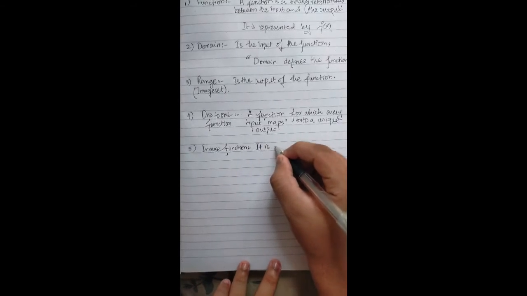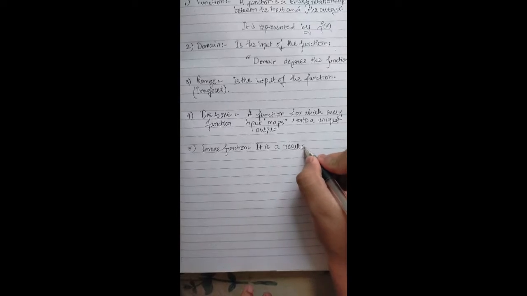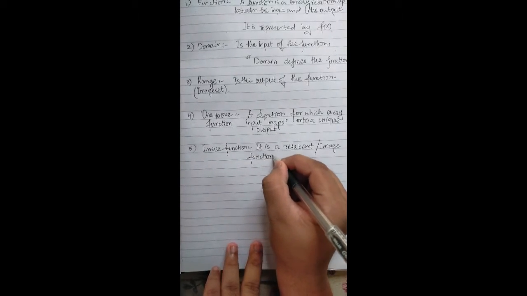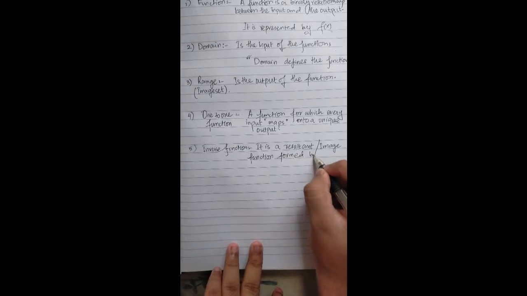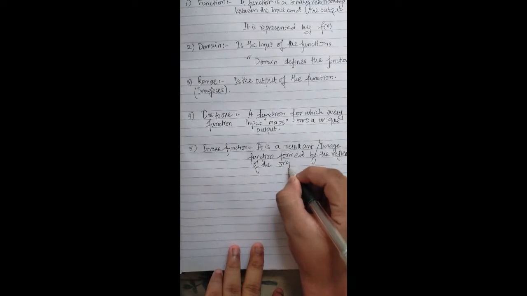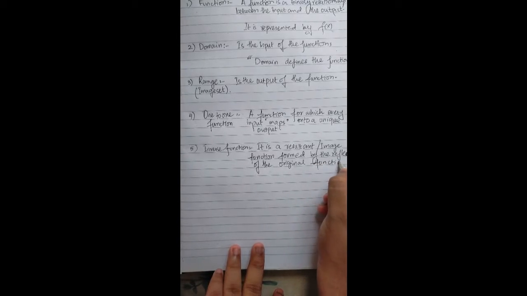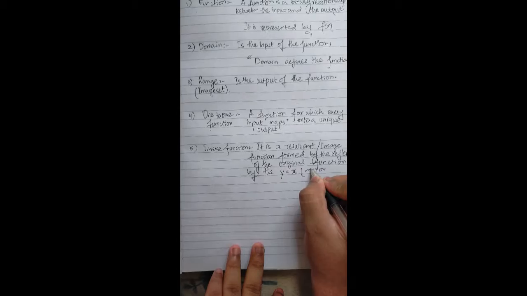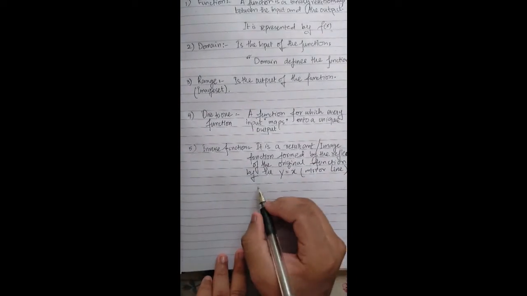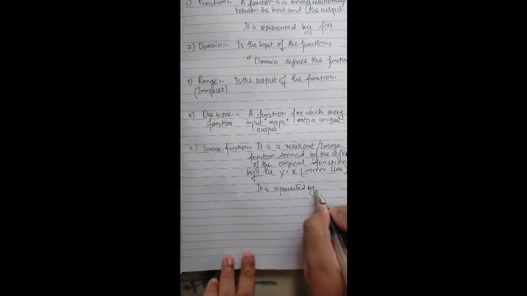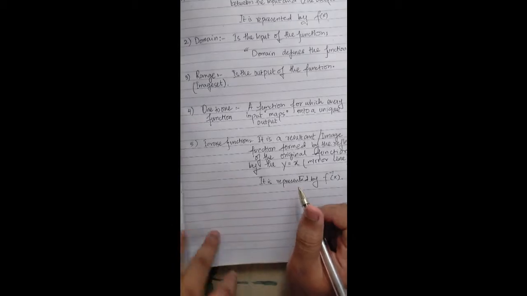It is a resultant or image function formed by the reflection of the original function by the y equals x mirror line. It is represented by f inverse of x.